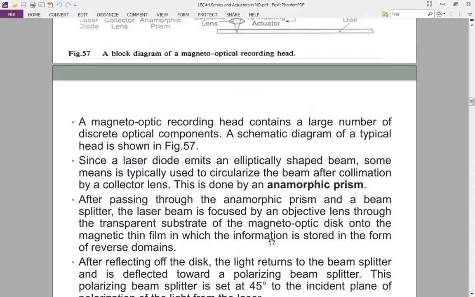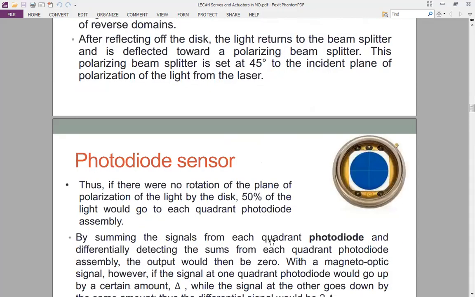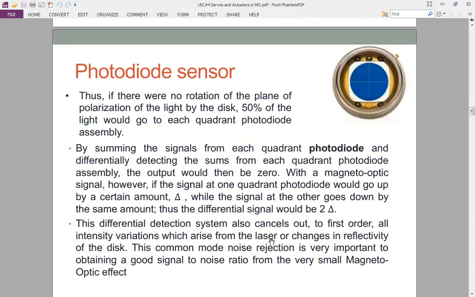But now we are getting towards the servo system. So a photodiode sensor, we remember we have said there are two of them.